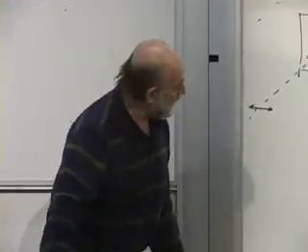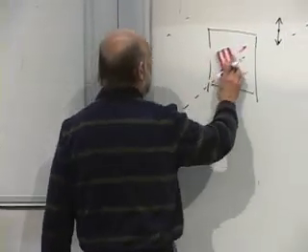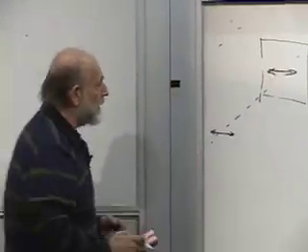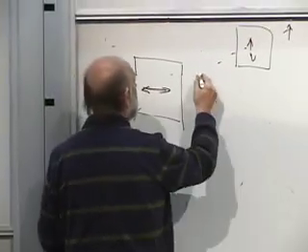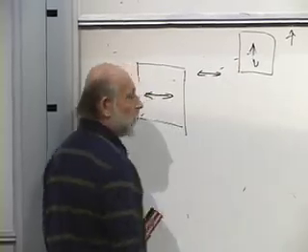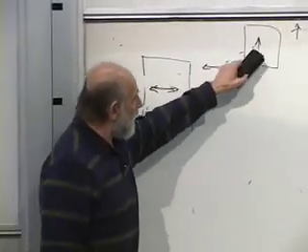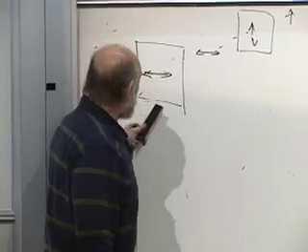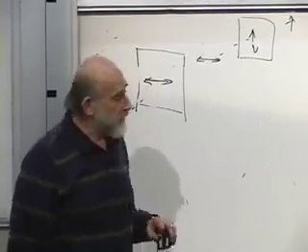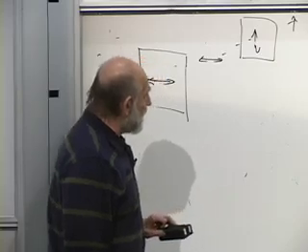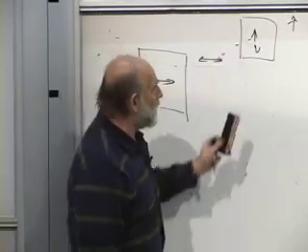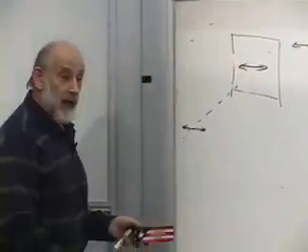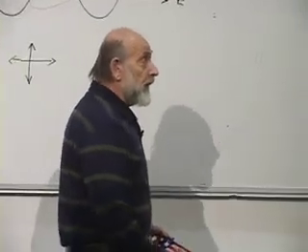If, on the other hand, I happened to prepare the photon with a horizontal polarization just by rotating the polarizer so that it comes out this way, then it just gets blocked by this polarizer. So this polarizer can be thought of as an apparatus which is measuring the direction of polarization of the photon. If it makes it through this polarizer, then it has detected a vertically polarized photon. If it doesn't make it through here, it has detected a horizontally polarized photon. Okay?